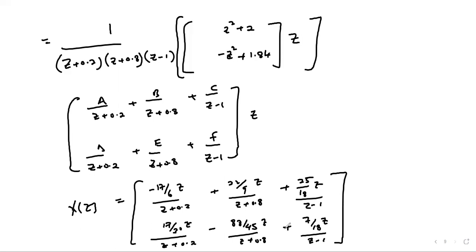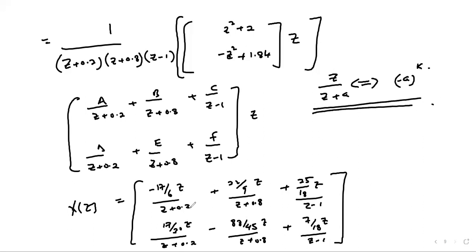To get X of k, we need to get the inverse Z transform of each of the parts that we have. Considering that Z over Z plus a maps to negative a to the power k, we have this. For each of the terms, our a is the constant in Z plus 0.2, Z plus 0.8, and Z minus 1.